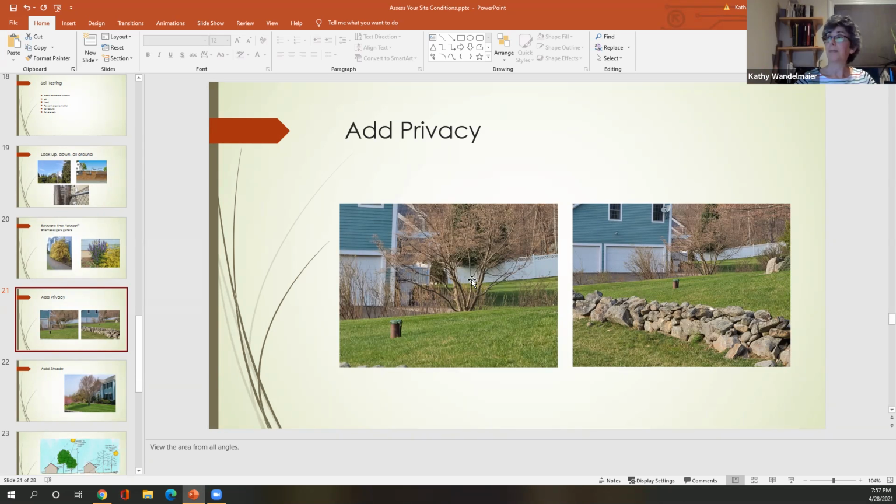So the effect isn't really appreciated in this photograph, because I just took it a couple of days ago, and this Pagoda dogwood hasn't leafed out yet, so it's not providing any privacy. But when I planted this, what I wanted to do was, I don't know if you can see it here, but we have a deck in the back of the house, and I wanted to provide a little bit of privacy so that when you're coming down the street, you're not looking directly onto our deck.